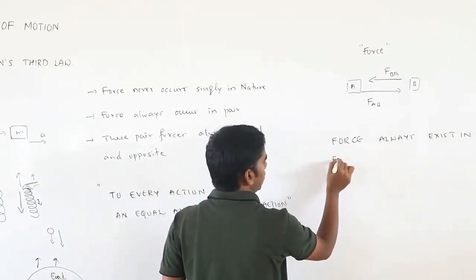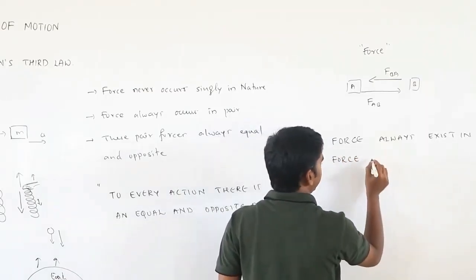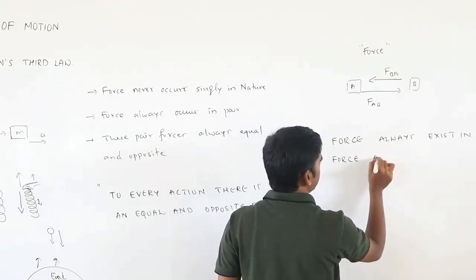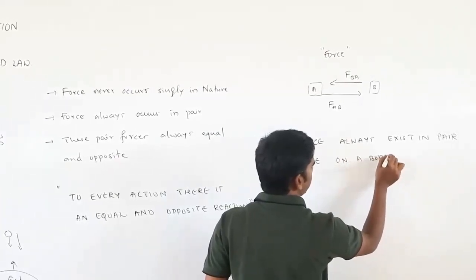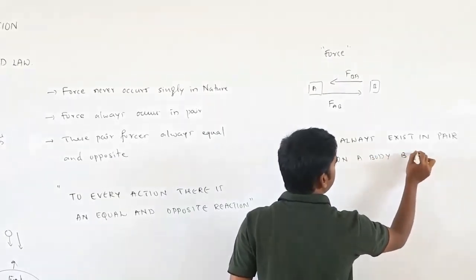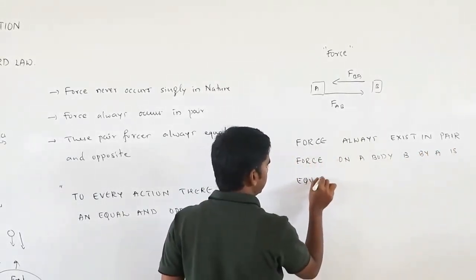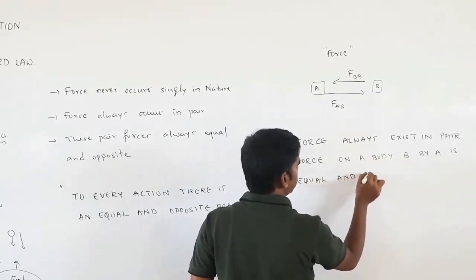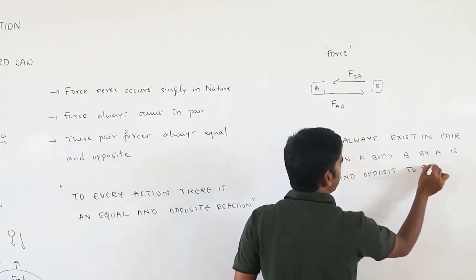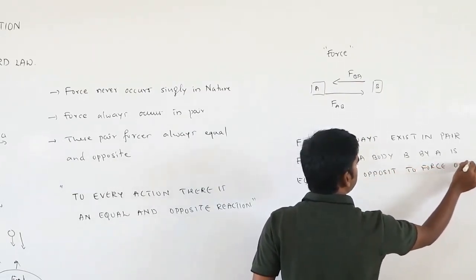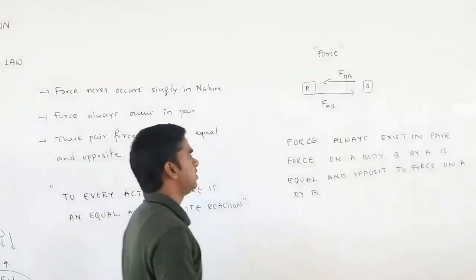So force on body B by A is equal and opposite to force on A by B. That is the meaning of the second one.